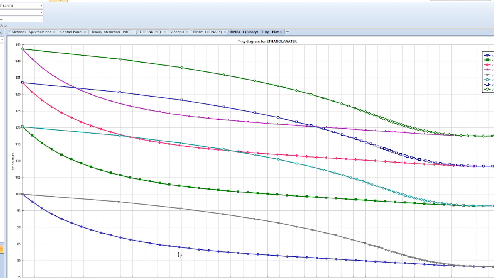These are the boiling curve and the dew curve, so they would have these temperature ranges.